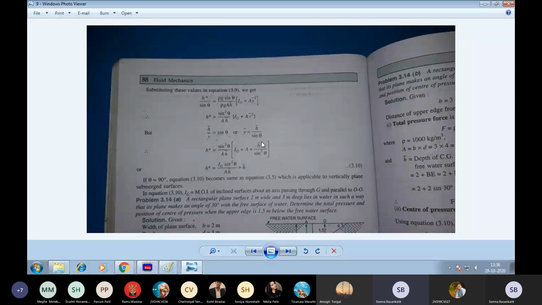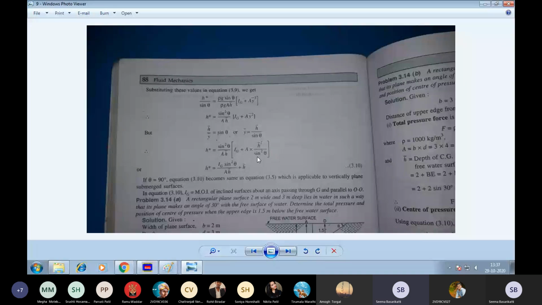So y square bar is nothing but h square bar divided by sine square theta. Now taking this equation, Ig into sine square theta divided by a into h bar, this is in bracket. Open the bracket: sine square theta by a into h bar multiplied by Ig is written as Ig into sine square theta divided by a into h bar, plus again sine square theta divided by a into h bar multiplied by this term.